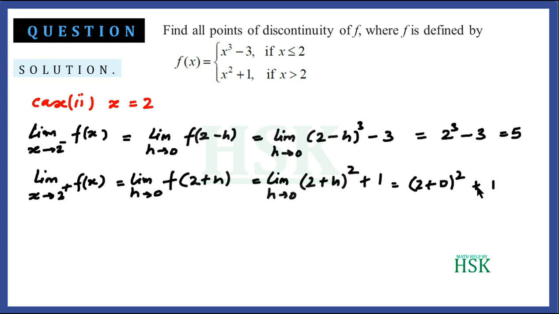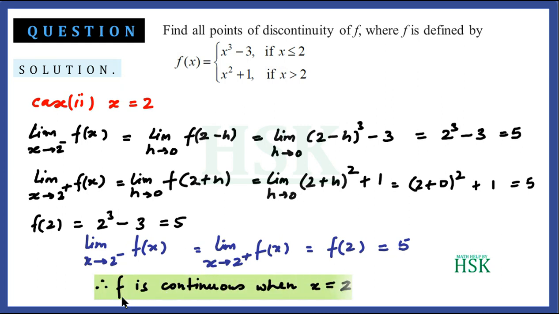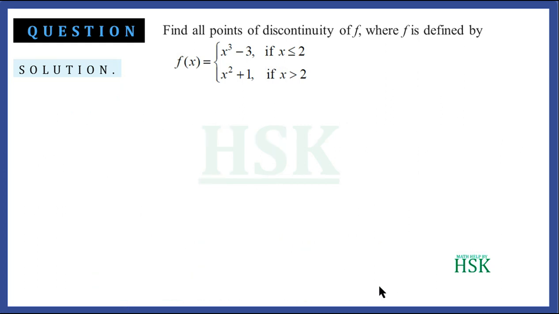That is, on applying limit we are going to get this value. So this will again be equal to 5. Now f(2) is equal to 2 cube minus 3, or equal to 5 again. So left hand limit is equal to right hand limit is equal to the value of the function when x is equal to 2, and this is equal to 5. Therefore f is continuous when x is equal to 2.